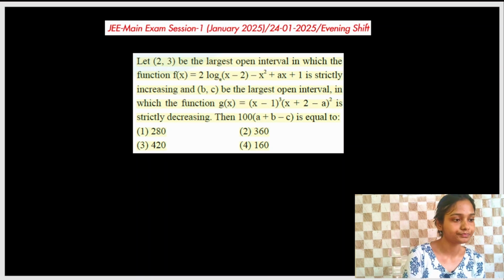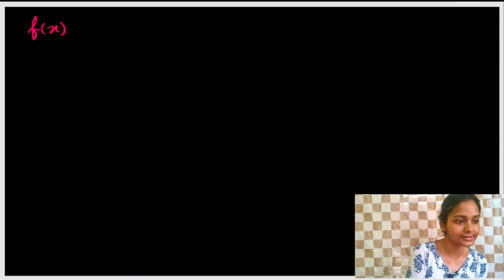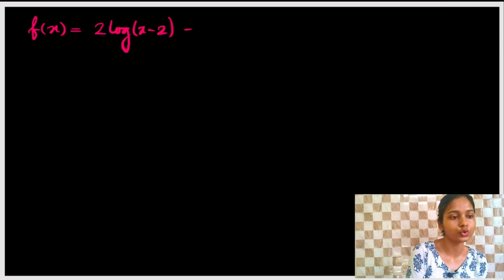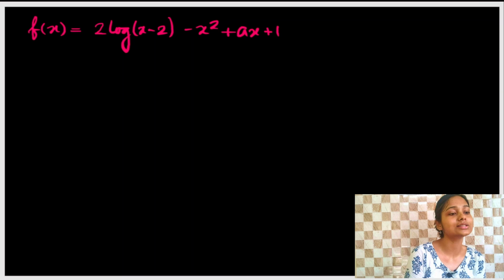So now let me write the function f(x). So the function f(x) is 2 log(x minus 2) minus x square plus ax plus 1. Now this function is strictly increasing in the interval 2 to 3.